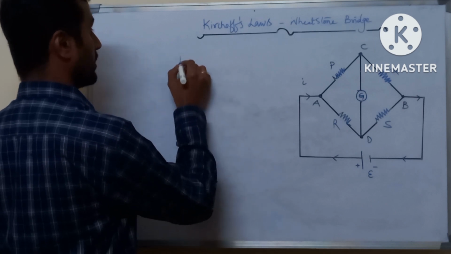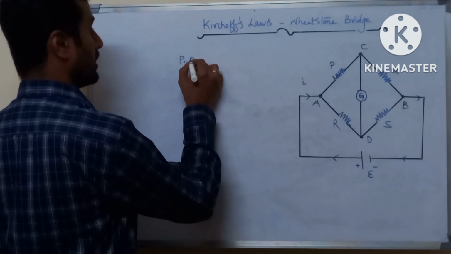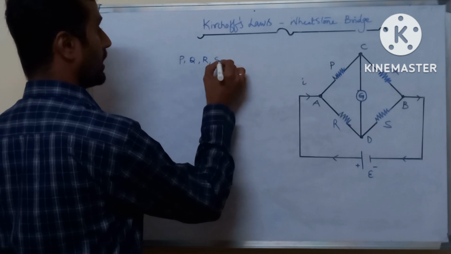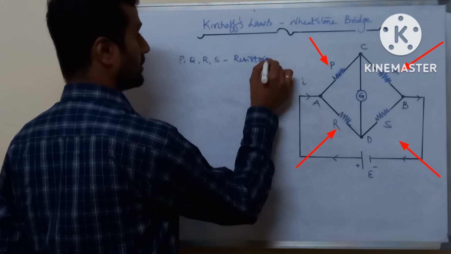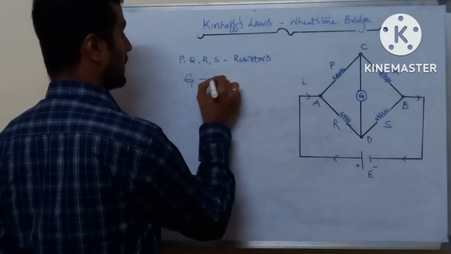It consists of resistors P, Q, R, S, and G, a galvanometer.